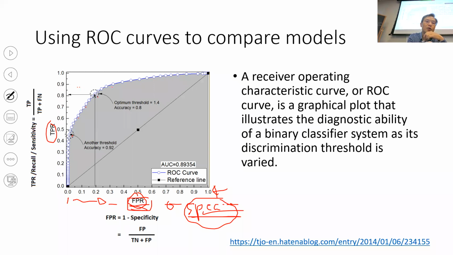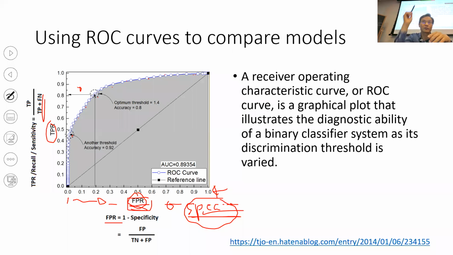In order to give a curve like this, you cannot compute just one data point. If you train your classifier and get the highest false positive and true positive, then on this plot there's only a single point.